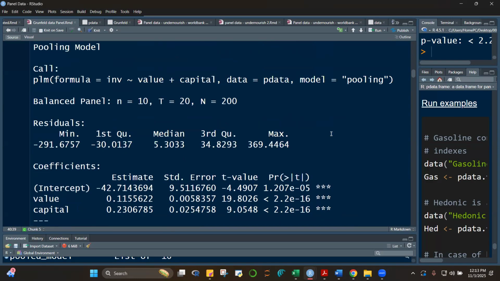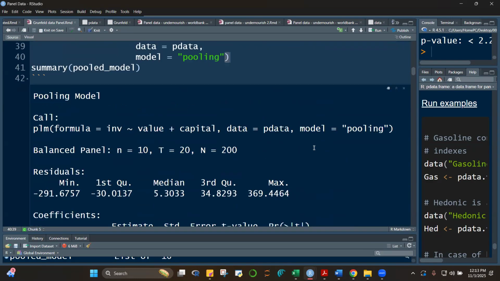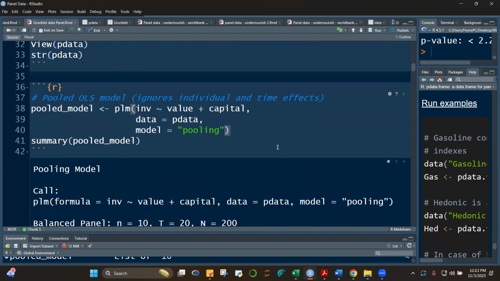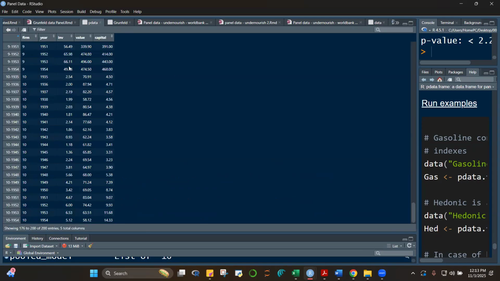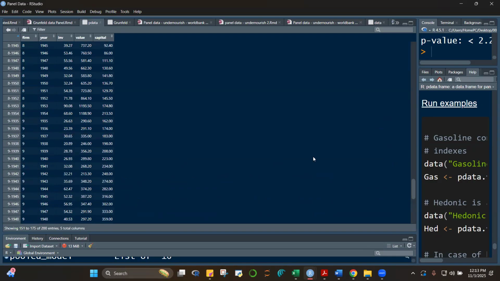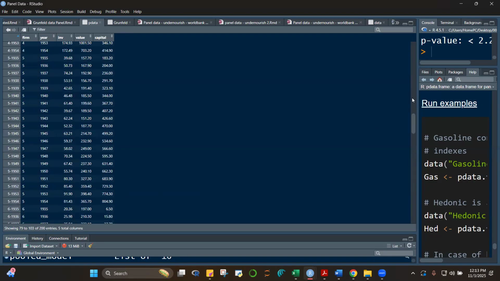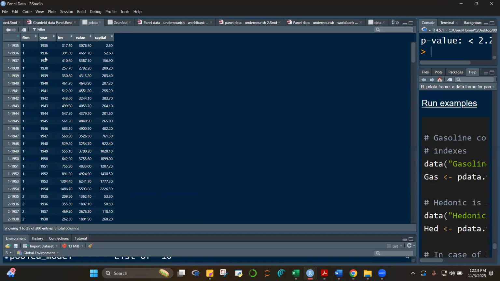Okay, so is this good or bad, class? We'll see, because we'll have to compare it and see if the assumption that we just disregard the individual and the year is valid, because the assumption there is that there are no differences between the units. So unit one is not different from unit two or unit three or unit four. That's the implicit assumption there, class.